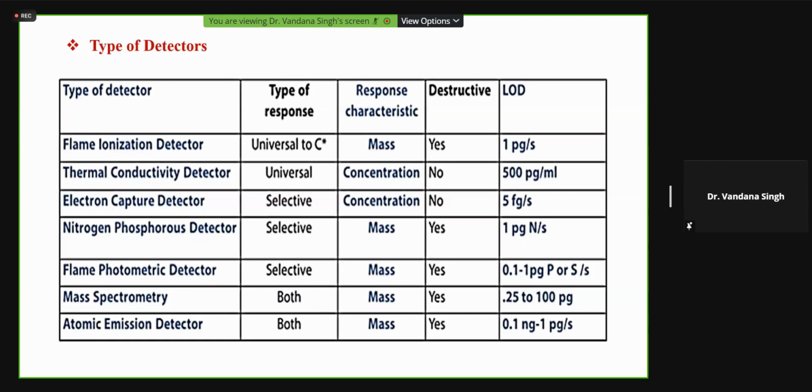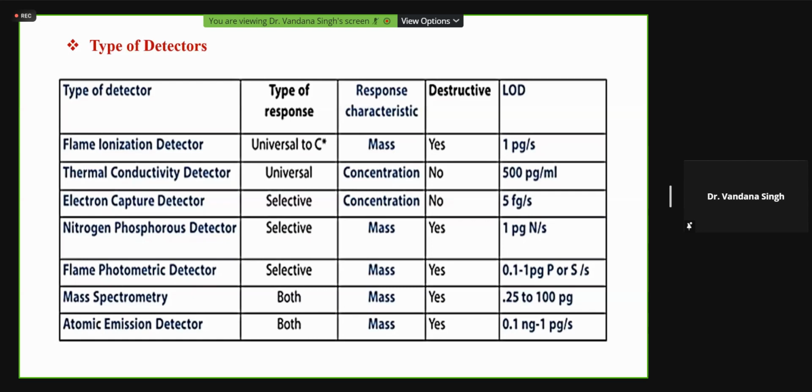The nitrogen phosphorus detectors are generally used for compounds containing nitrogen or phosphorus. They are selective detectors. Similarly, flame photometric detectors are also selective. Another one is mass spectrometry. This is very important, and it can be used universally as well as selectively.